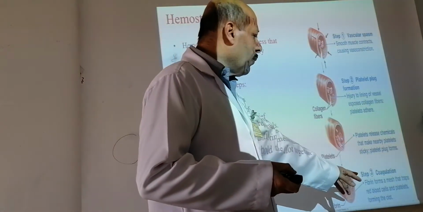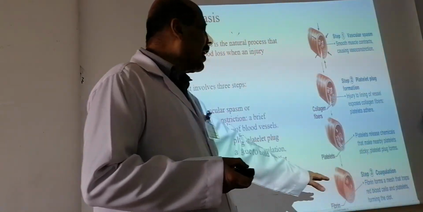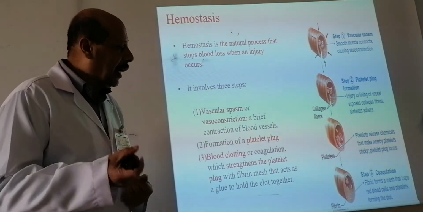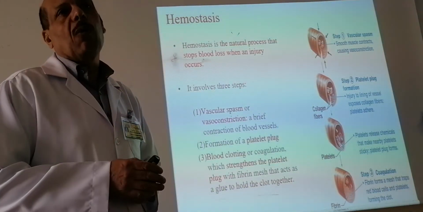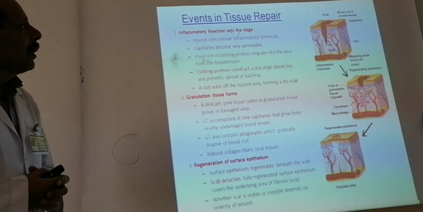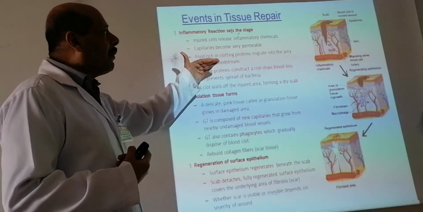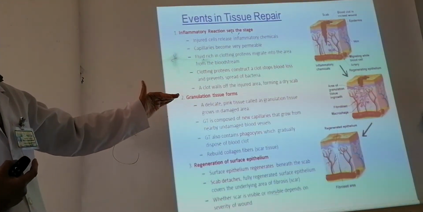It forms a mesh that traps the red blood cells and the platelets, forming a clot and preventing the blood from going out. Then the event of tissue repair will come.